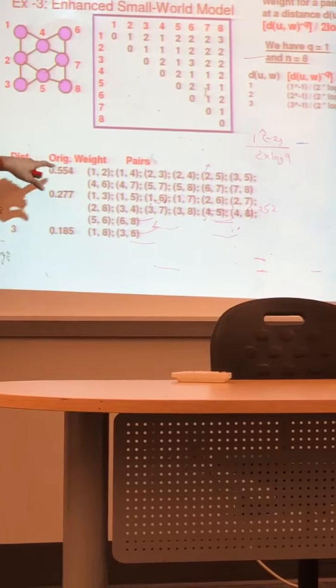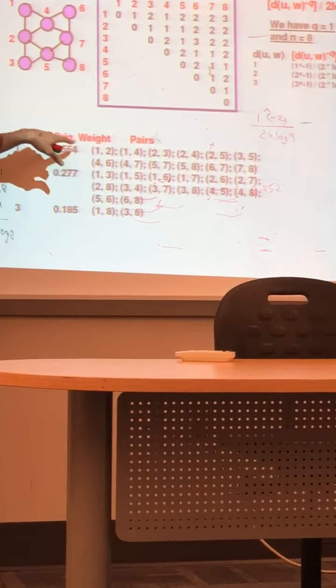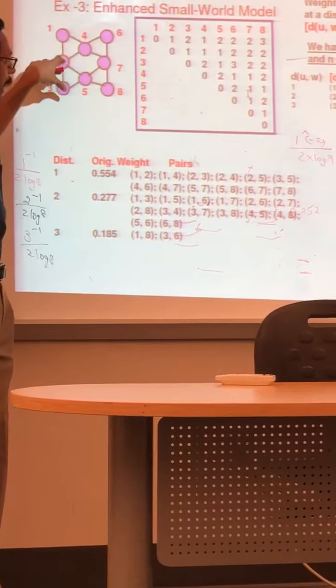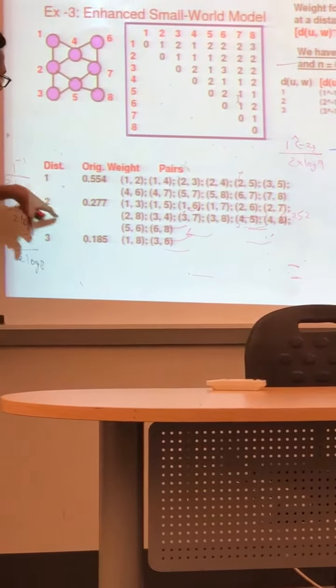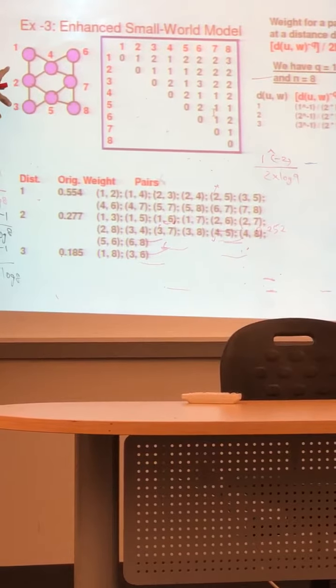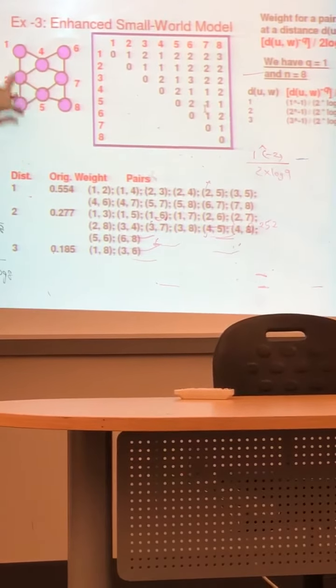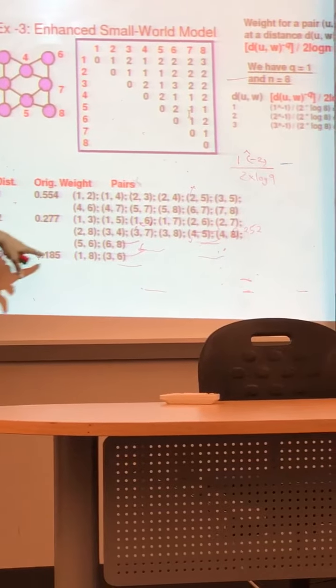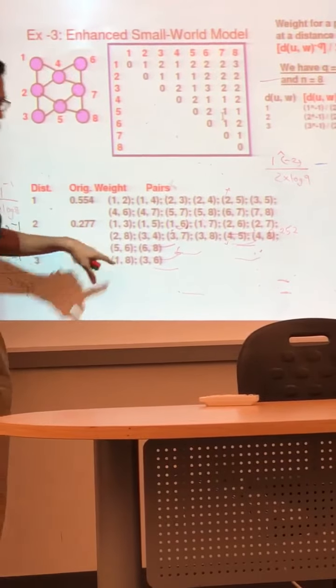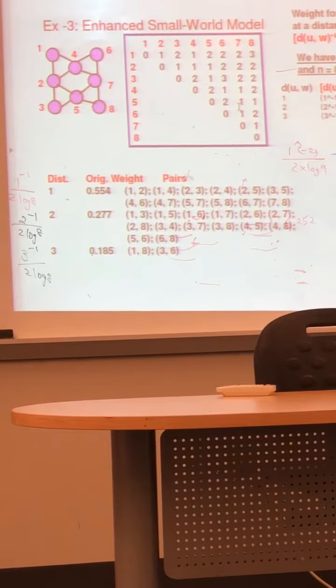Now find the pairs that are separated by each distance. So 1, 2 and 1, 4 and others have a distance of 1. Then 1, 3 and 1, 5 have a distance of 2. And 1, 8 and 3, 6 are the only two pairs that have a distance of 3.